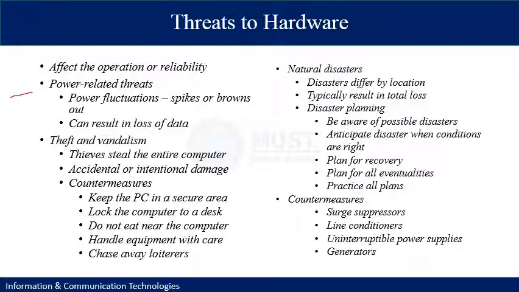The first one is power related threats. That means an attacker can employ power fluctuations. High voltage power or taking out all of the voltage can damage the computer systems, which can eventually result in the loss of data.